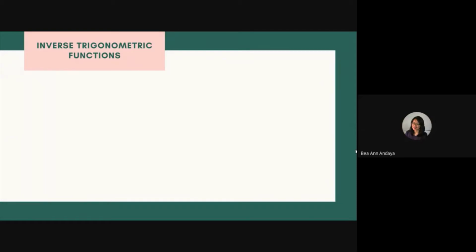Now, if there is a need for you to identify the domain of an inverse trigonometric function, all you have to do is to remember the following. Kapag naghahanap ka ng domain ng inverse trigonometric function, all you have to do is to get the range of the original function. So, kunwari, meron kang hinahanap na domain for the inverse sine of an angle, then kunin mo yung range ng sine because sine is the original function.